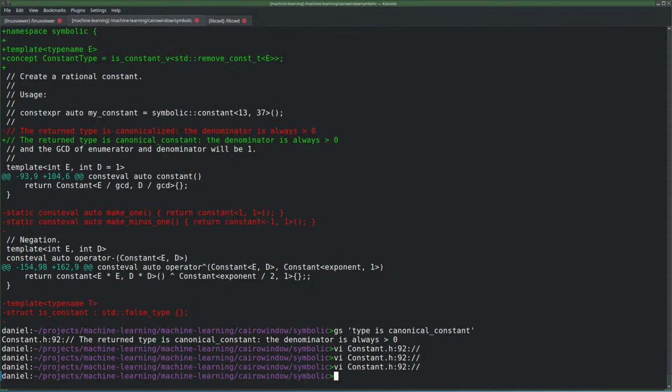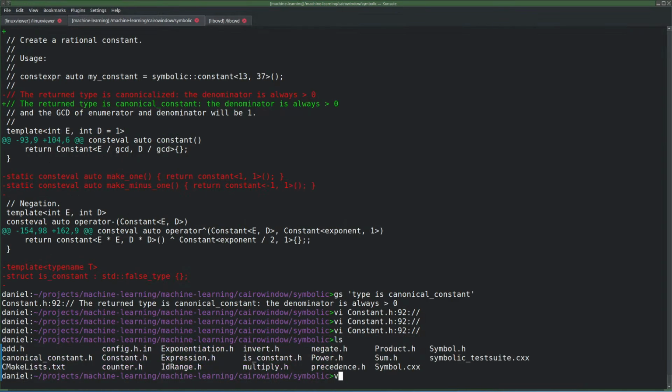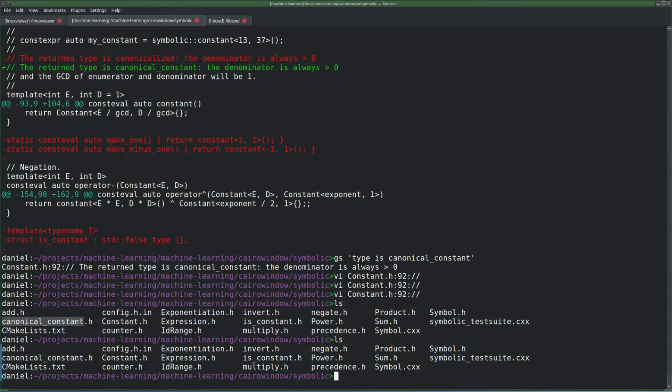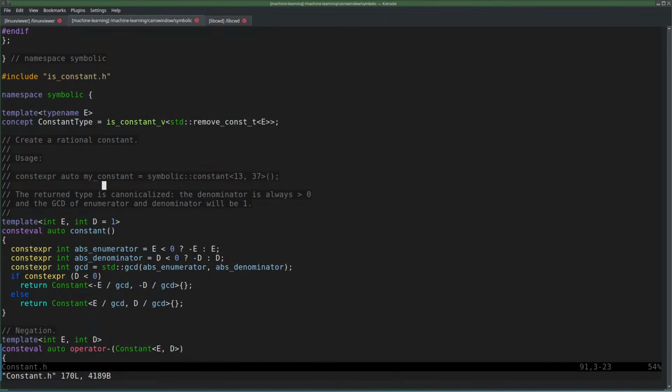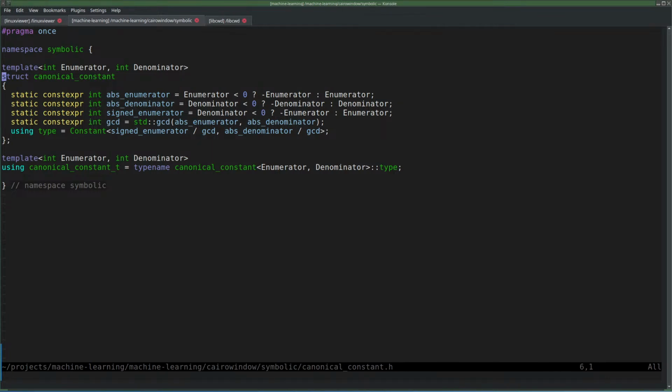Okay, whatever. Canonical constant, that's what it is. Canonical constant T gives me a canonical type.